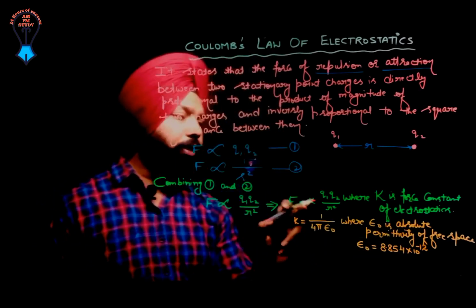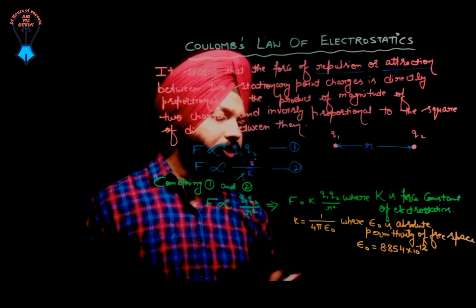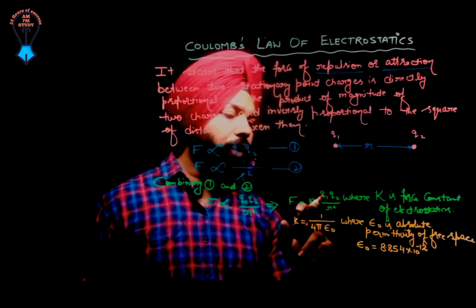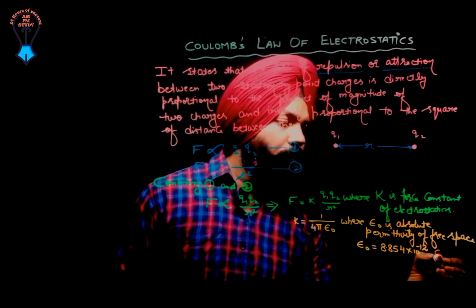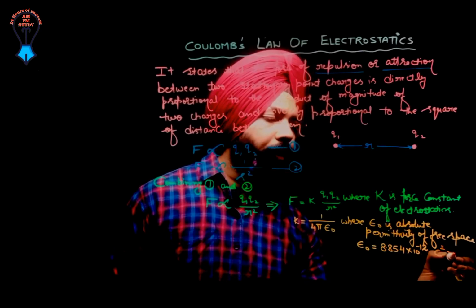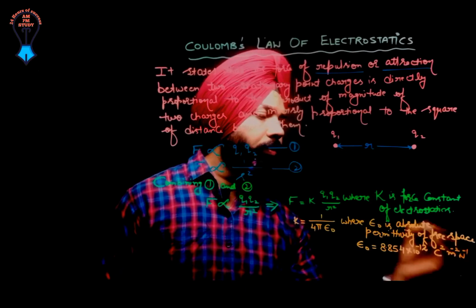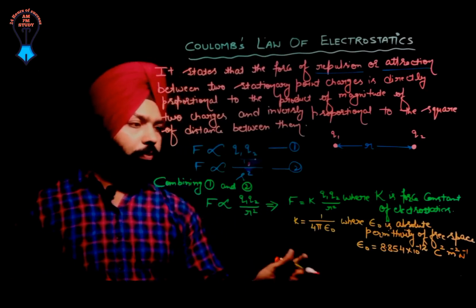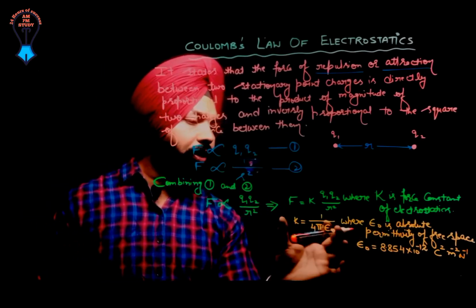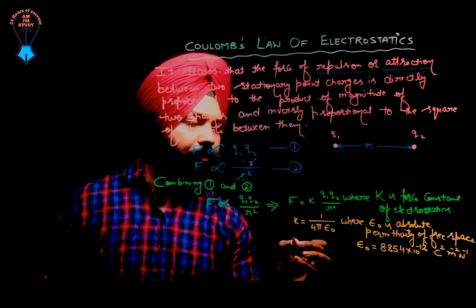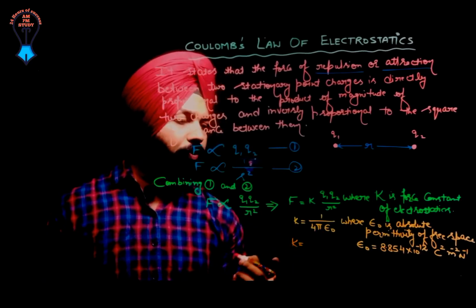So the unit can be written from this expression. The unit of epsilon naught is coulomb square meter inverse 2 Newton inverse 1. So by putting the value of epsilon naught in this relation, we get the value of k.